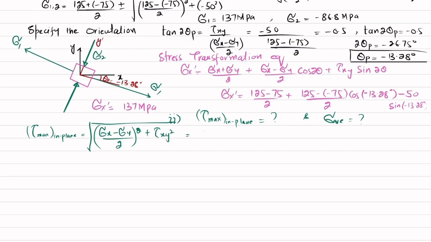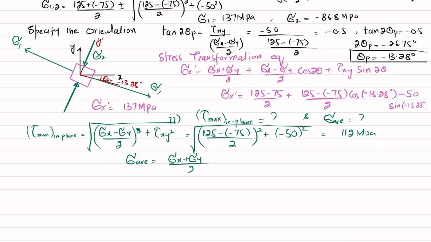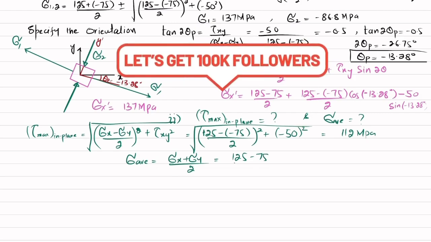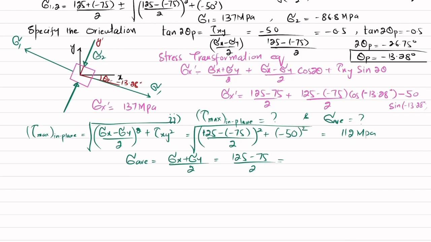So if you put sigma x is 125 minus sigma y is minus 75, divided by 2 whole square, plus tau of xy, which is minus 50, whole square under the root, this will give you 112 megapascal. And average normal stress associated can be obtained by using this formula, sigma x plus sigma y divided by 2. So (125 minus 75) divided by 2 will give us the average normal stress, which is equal to 25 megapascal.